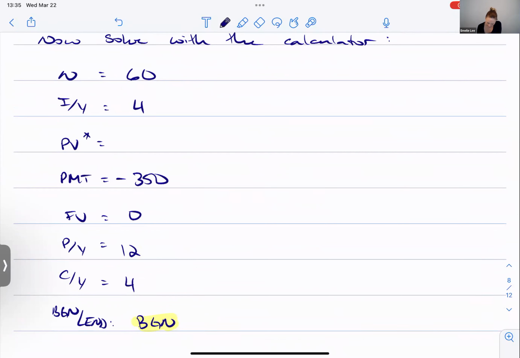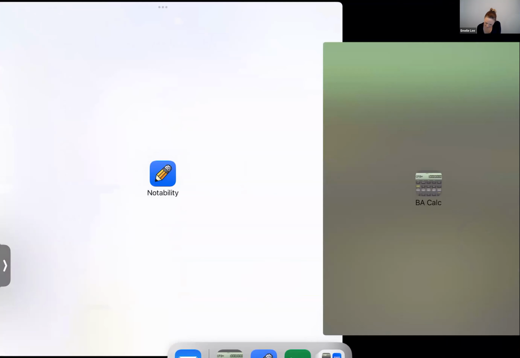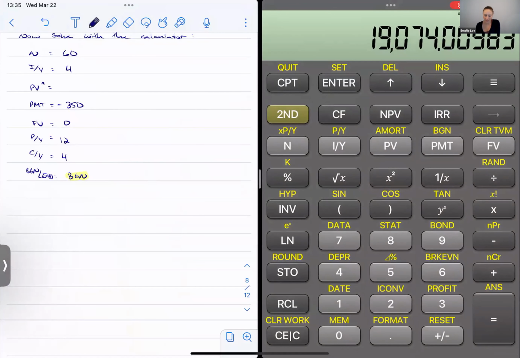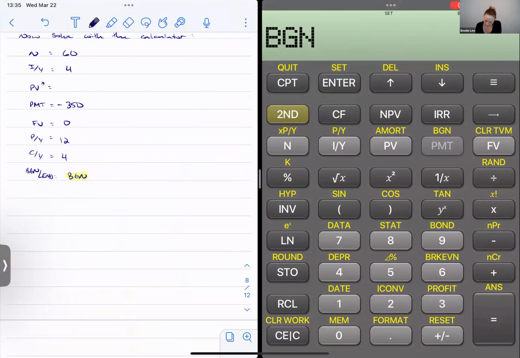So now I'm ready to probably watch another commercial. No, we don't have to. Okay, great. So just make sure, I'm already in begin mode, but I'm going to show you again how to get there. Second payments, which is the begin, and then to switch back and forth, you go second set, second set. Make sure you're in begin mode. That's where I like to start. Second quit. And now we do the same thing that we have been doing. 60 into N, 4 for the interest per year.